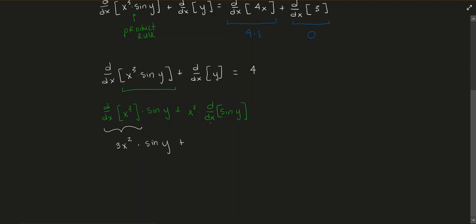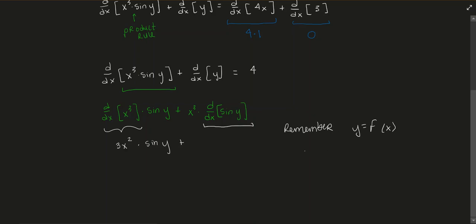And then when we look at the second derivative over here, the derivative of sine y, we have to remember that y is a function of x. Which really means we're going to use the chain rule.